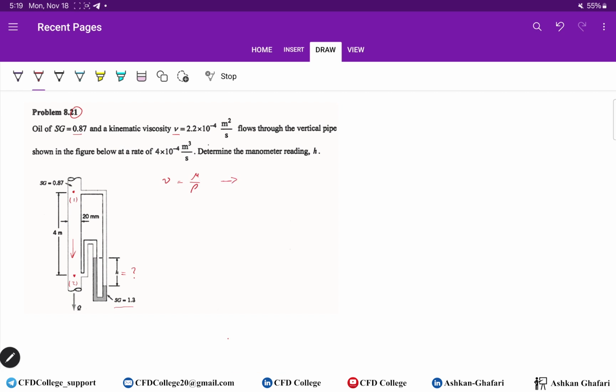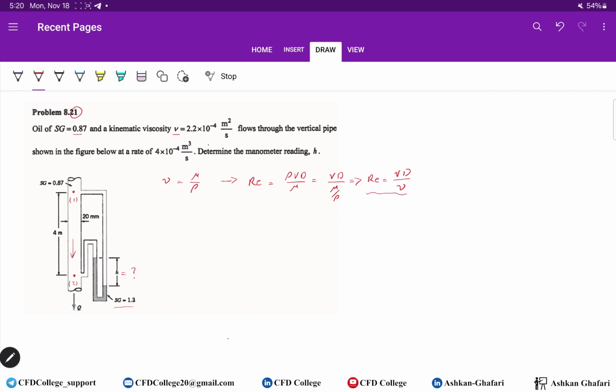We have the Reynolds number, rho V D over mu. If you put rho in the denominator, we have V D over mu over rho. So the Reynolds number can be found from V D over nu. If you have kinematic viscosity, you can also find the Reynolds number.